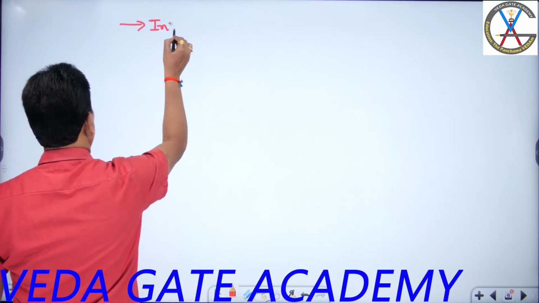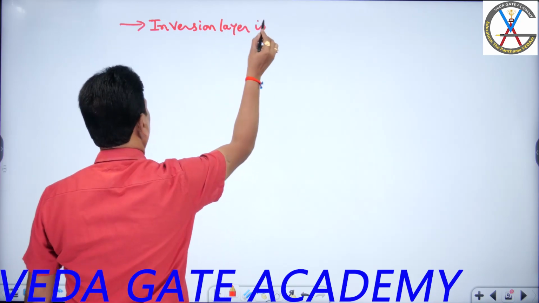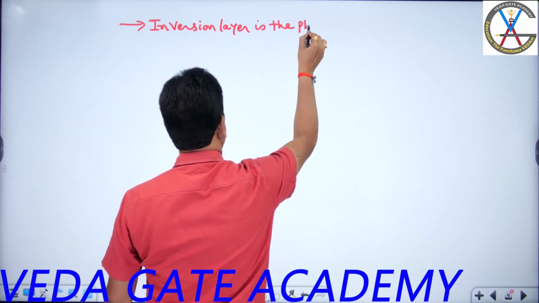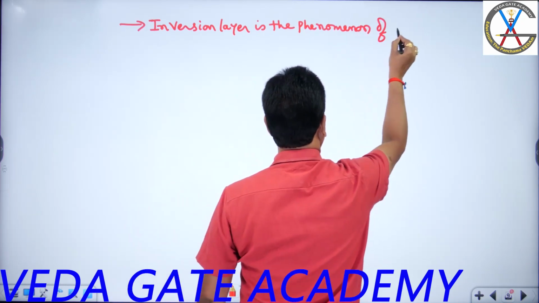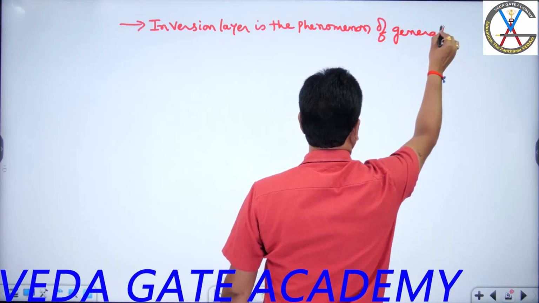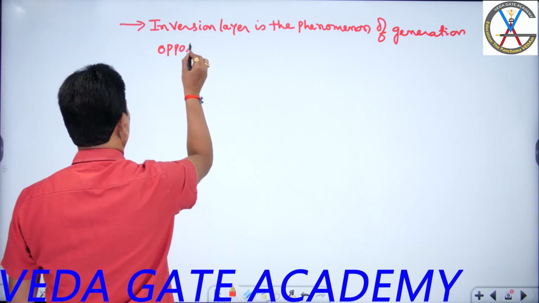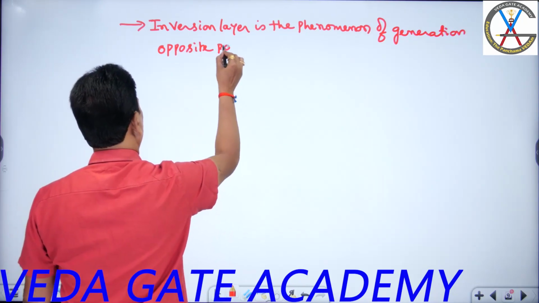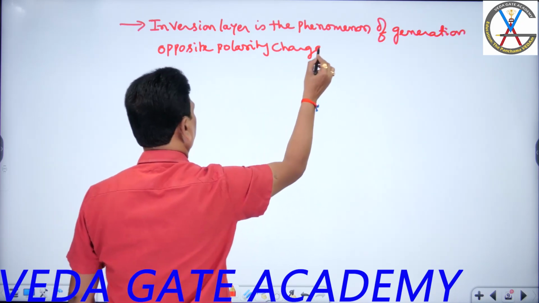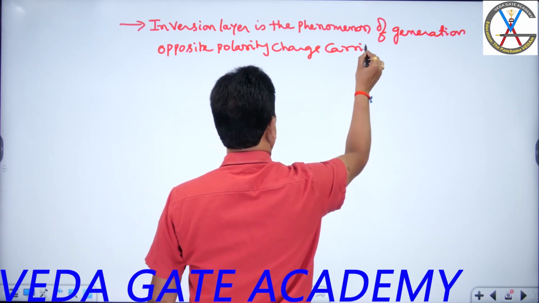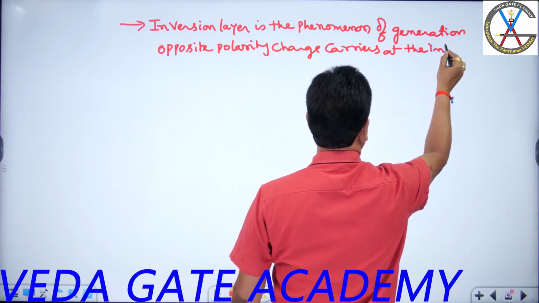So the inversion layer is the phenomenon of generation of opposite polarity charge carriers at the interface.